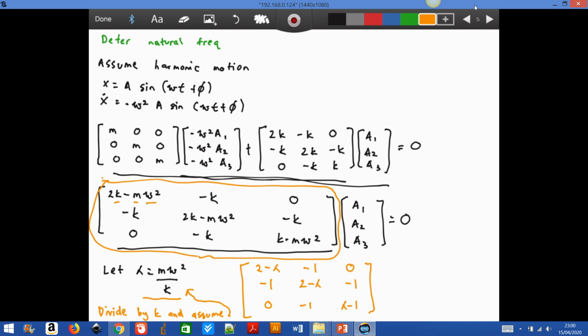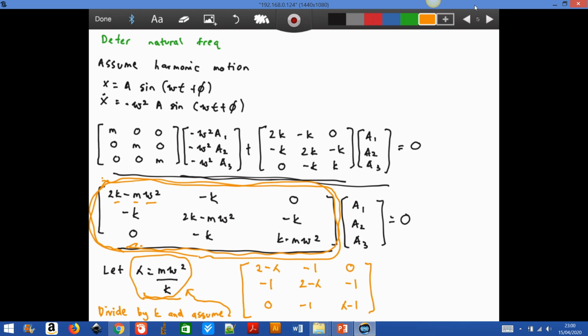So basically, because we want to simplify too many terms here, divide everything by k, and then after that assume lambda equals m omega squared over k.